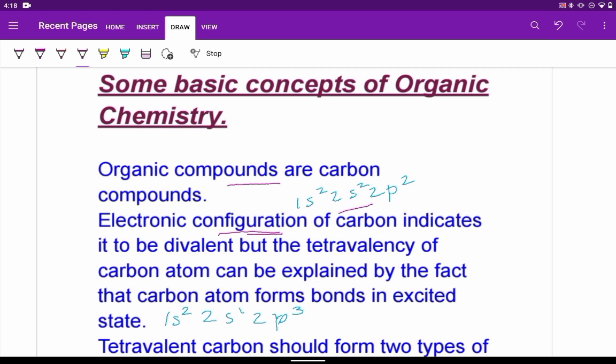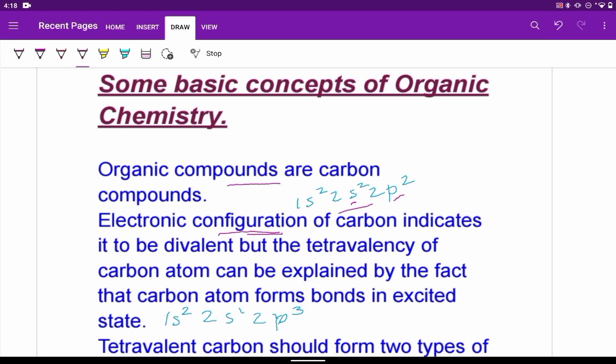So it should be divalent, but it forms tetravalent compounds. This tetravalency can be explained only if we get some other sort of electronic configuration. How we get that? By excitation of electron from the s orbital to the p orbital of carbon.